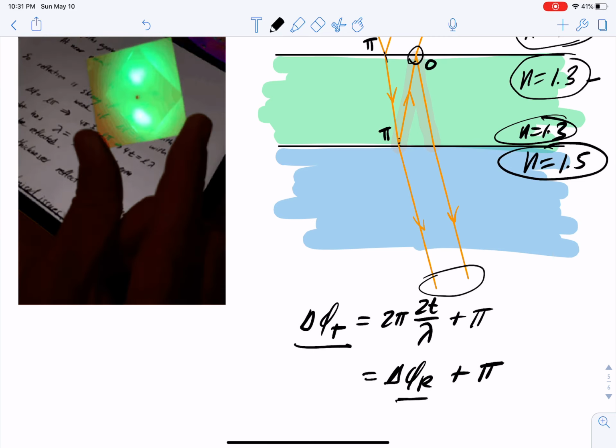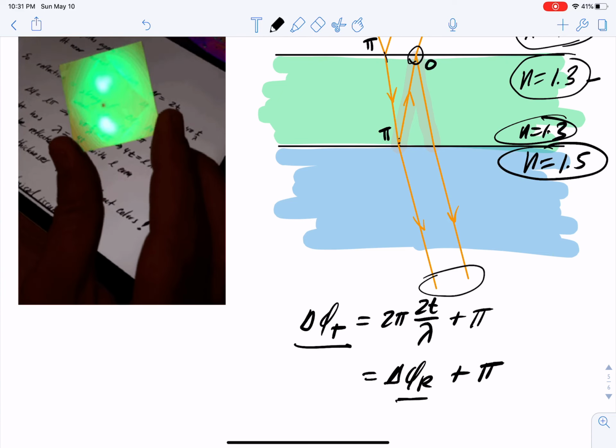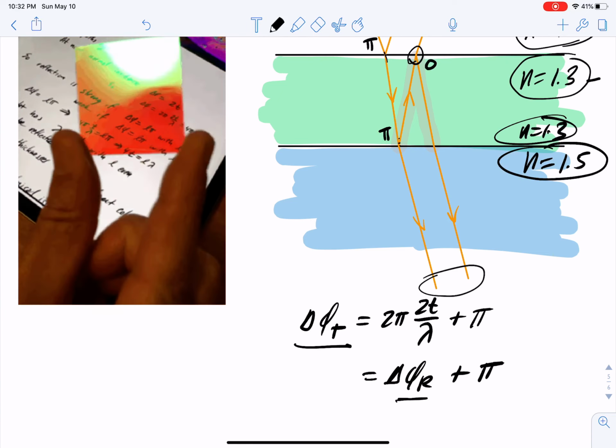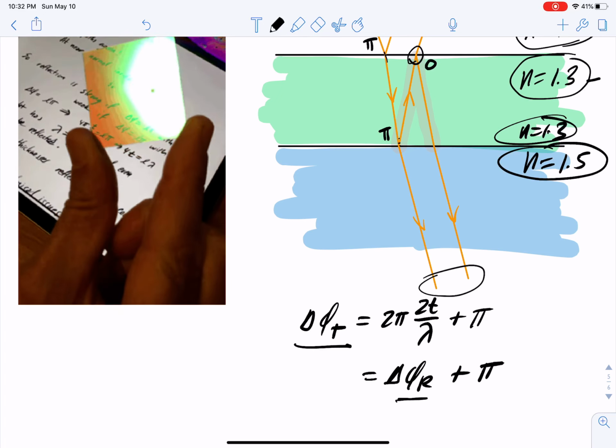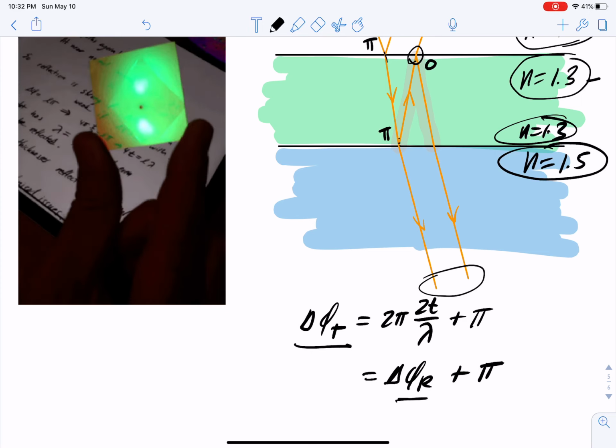If the transmission is an even pi, then the reflection has to be an odd pi. And that's what we're seeing with the glass. The reflection is green. That means, by definition, that the transmission has to be very weak in transmitting green. And the reason that we see green with a light is because it's good at reflecting green, but it's bad at reflecting red.